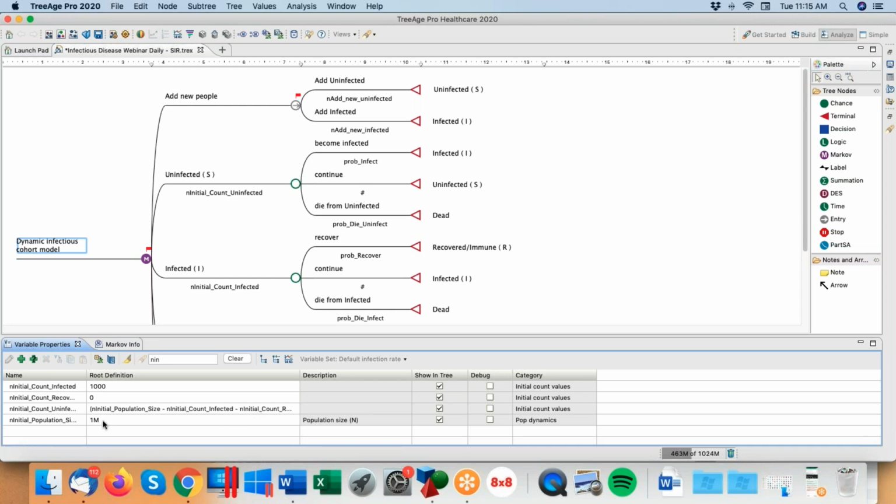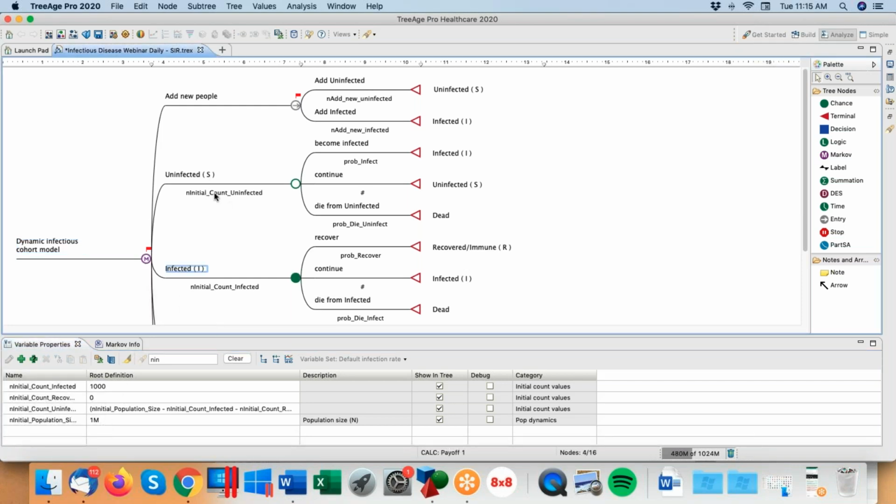So it'll be 1,000 people infected, and the rest of the 1 million people will be uninfected. That's my starting point, and obviously, you could change this to whatever you want. I just set these particular initial values to illustrate this point and to use this as a teaching tool. Now, that's one element. So when I run the cohort analysis, I'm going to see 1,000 people here and 1 million minus 1,000 people here.